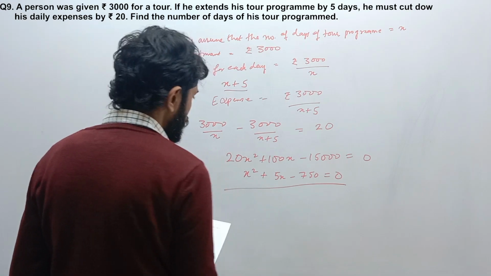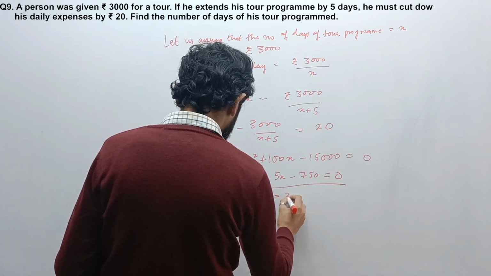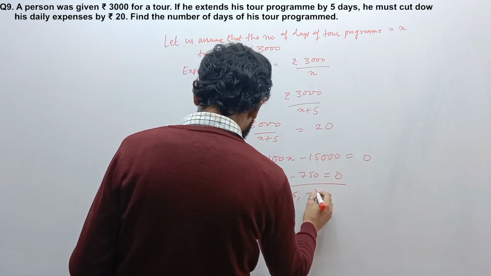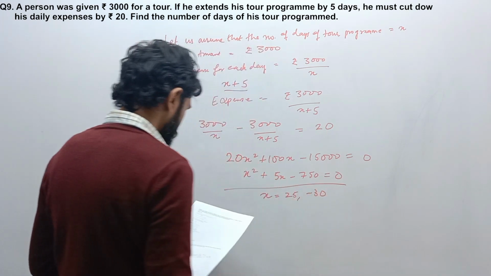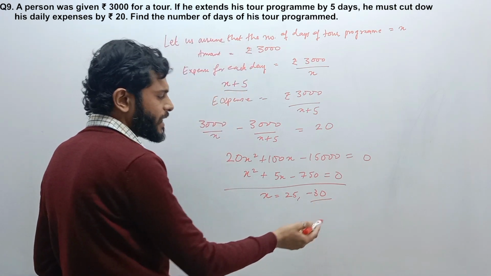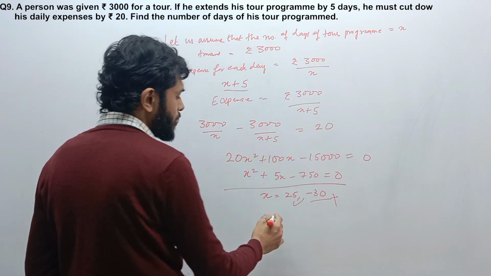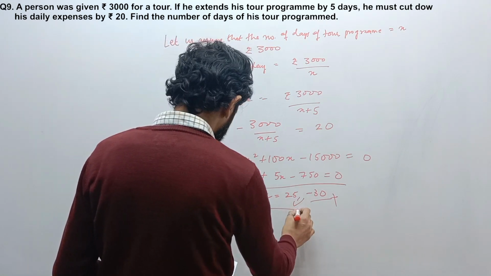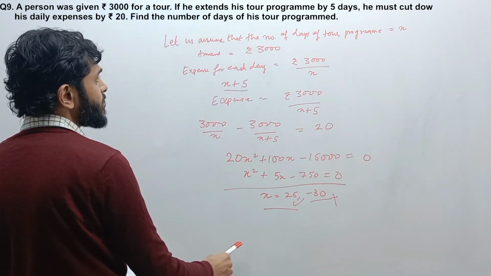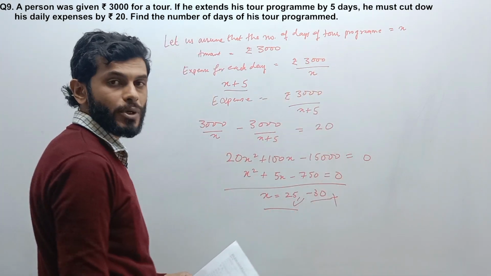And upon further solving it, you get your value as x is equal to 25 or minus 30. Now since the days cannot be negative, you will neglect the negative value and take only the positive value into consideration. So your x would be 25, and you had taken x as the number of days, so your total number of days would be 25.